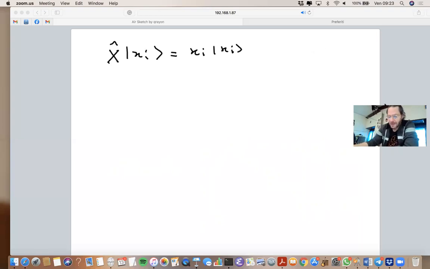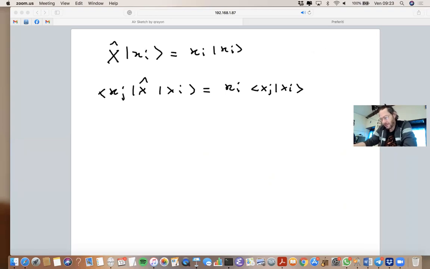Then clearly, what is the representation of this operator in this space? I have to take <x_j| X |x_i>, and this will be x_i <x_j|x_i>.